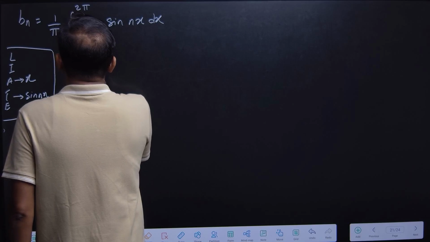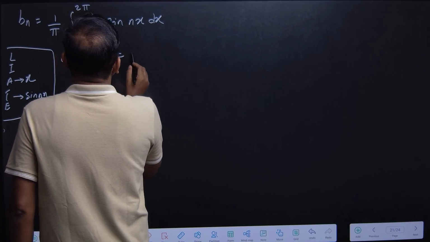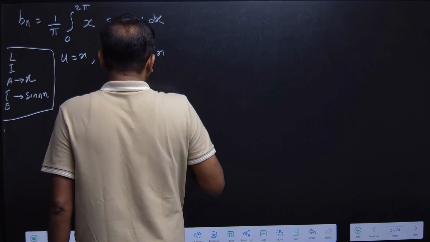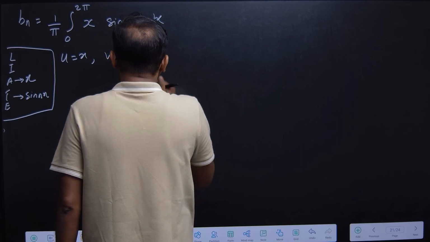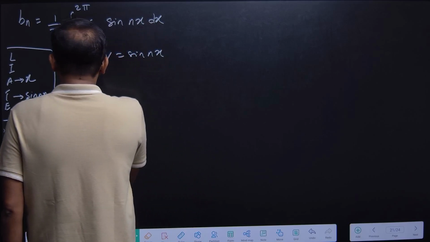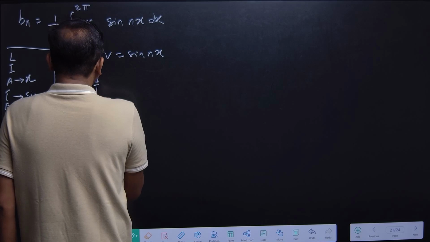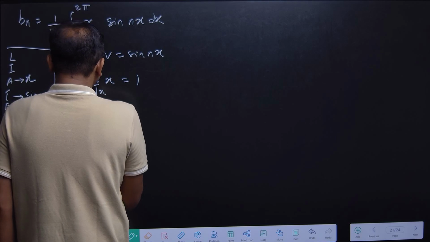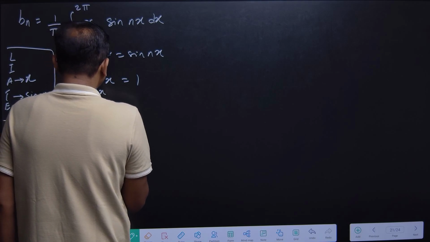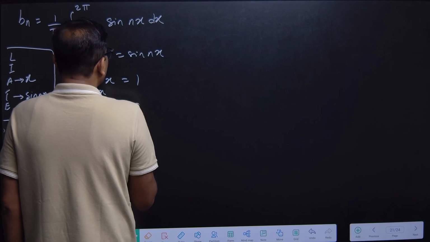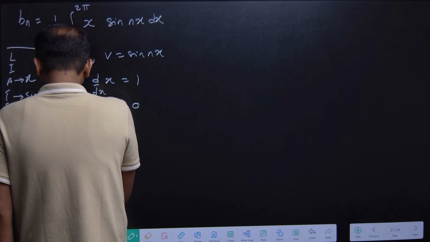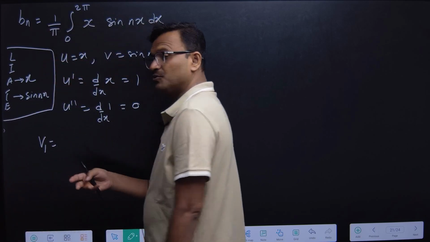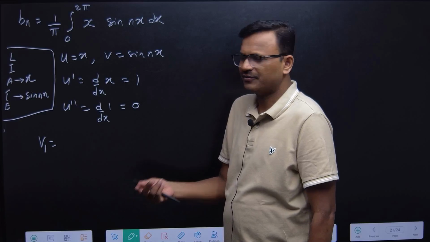So u is x in this case, v is sine nx. So u dash, that is the derivative of x, will be 1. U double dash, that is the derivative of u dash, that is the derivative of 1, will be 0. So u triple dash and all other higher order derivatives will be 0.